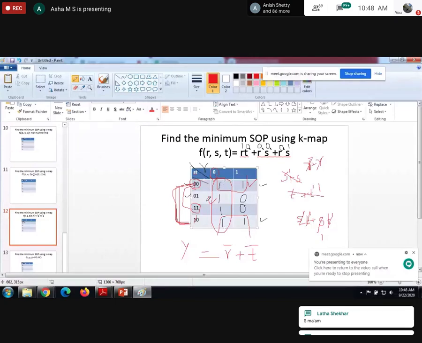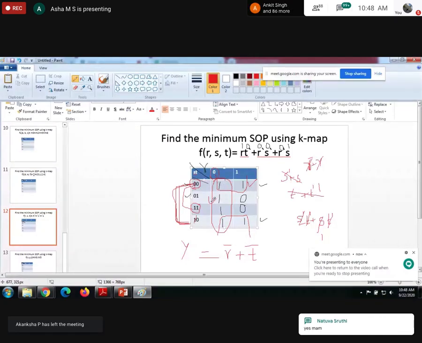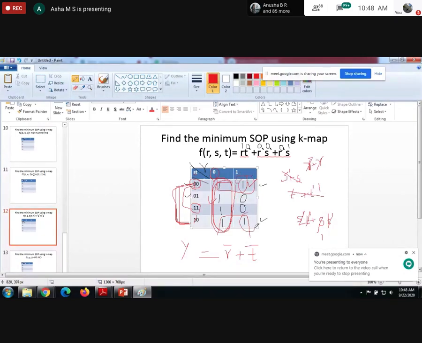See Pranav, here I have 4 ones adjacent to each other. So this I will make one group. Next I have left out this one and this one more one. Even you can make a pair.